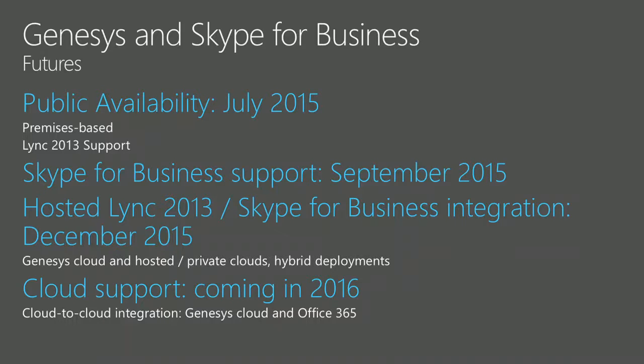There will be an integration from the Genesys cloud to hosted or private Skype for Business clouds as well. And the full cloud-to-cloud support with Microsoft is, at this point, forecasted by next year.